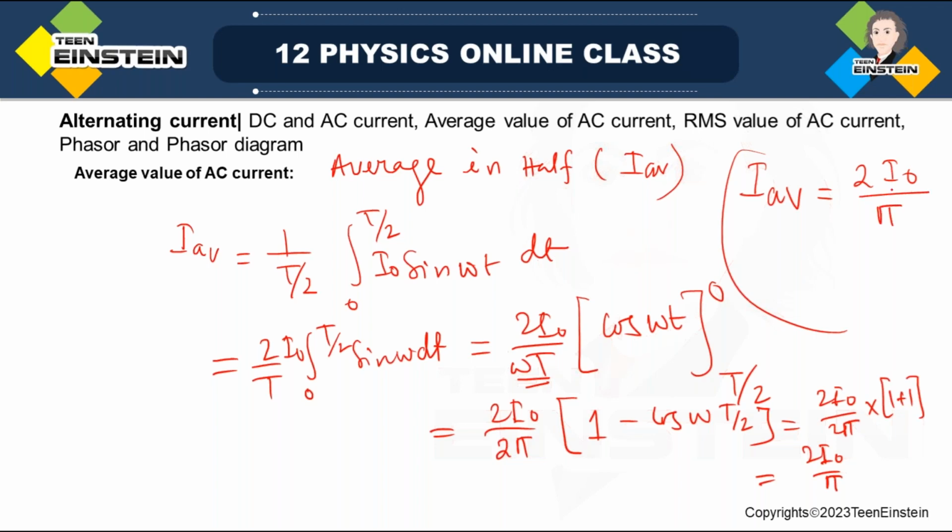That means 2 by pi times the peak value of alternating current.